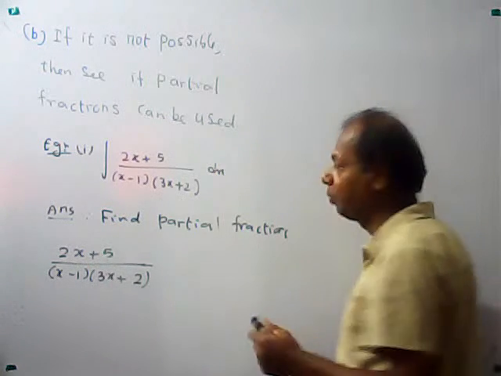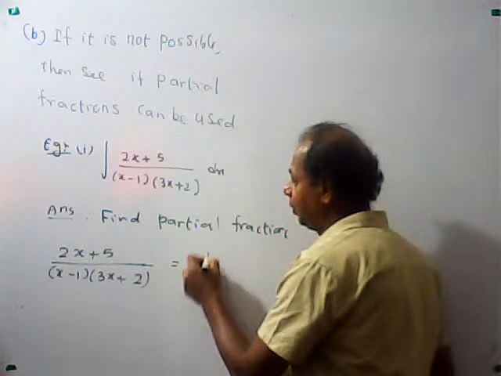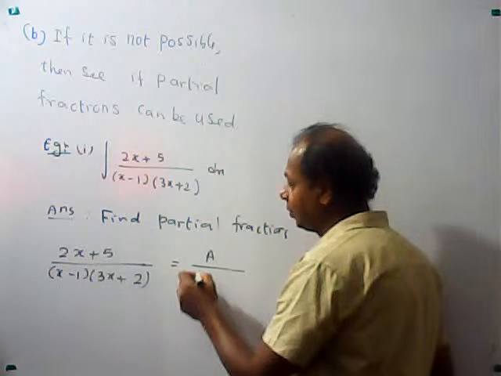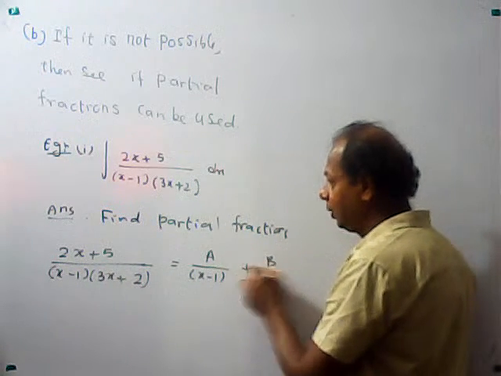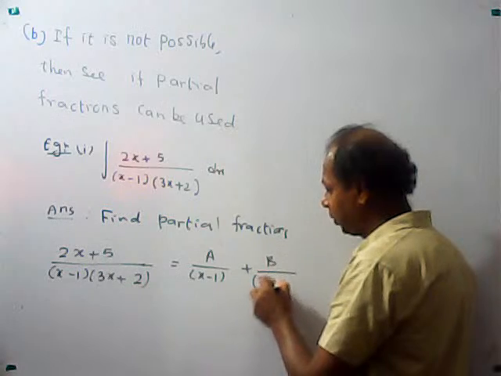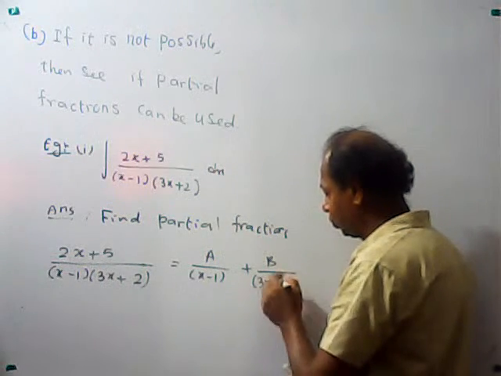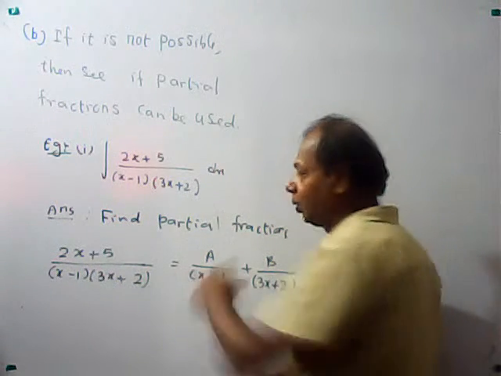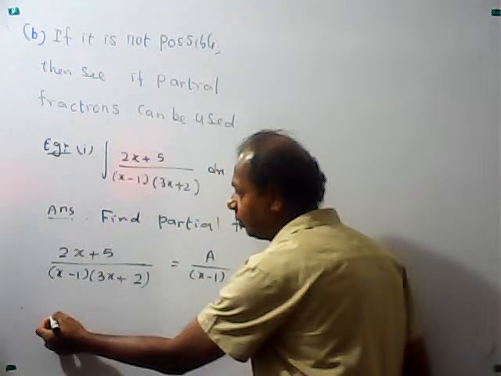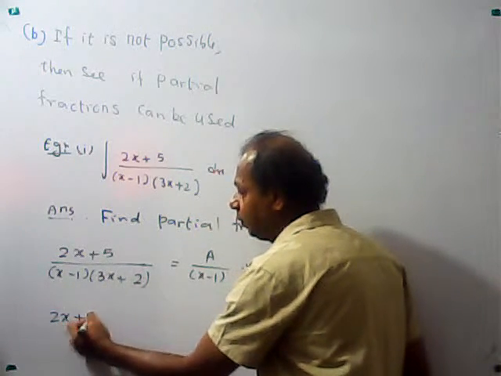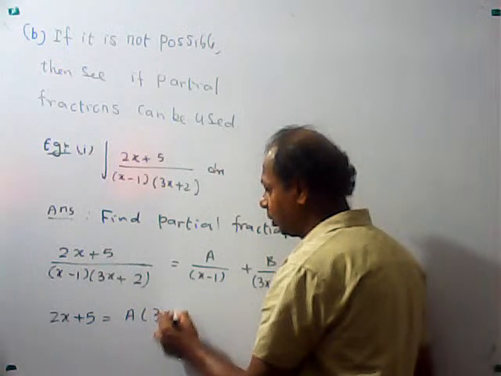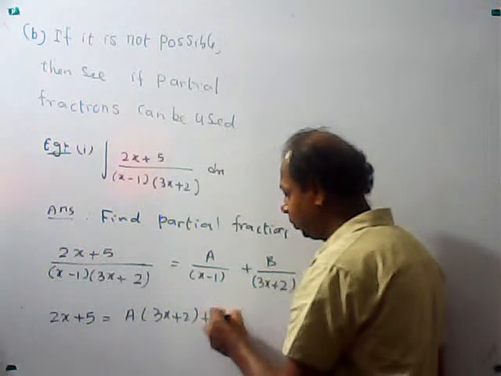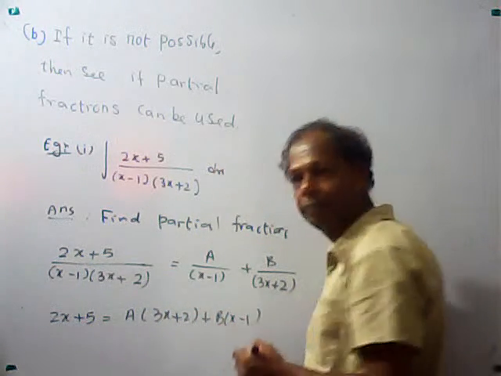Do you remember how we break it into parts? It's broken as A over (x - 1) plus B over (3x + 2). Right? So equating the numerators, 2x + 5 equals A(3x + 2) plus B(x - 1).